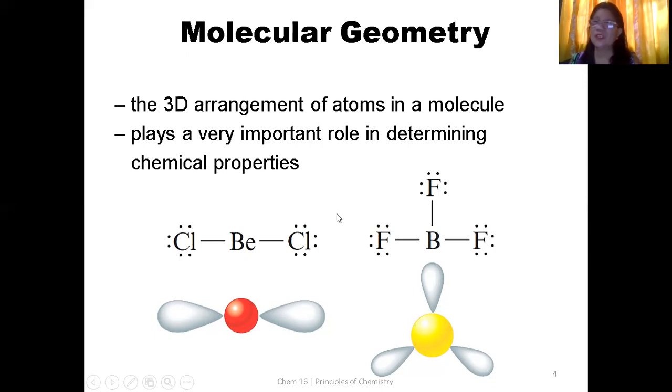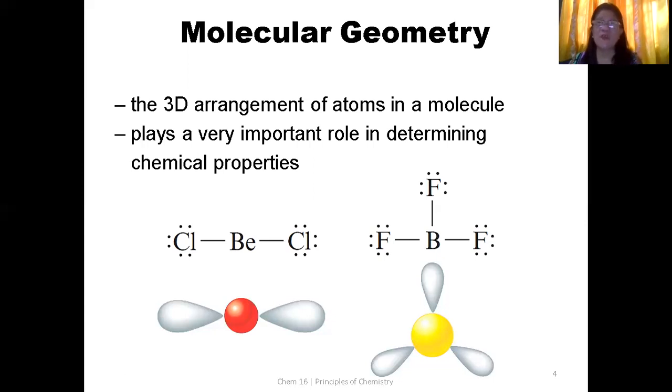We already know it should be beryllium because we have 2 atoms of chlorine. So this is now the arrangement. Molecular geometry has something to do with the shape or arrangement of the atoms in the molecule. Is it in the shape of tetrahedral, octahedral, or is it planar? These are the topics under this lecture.